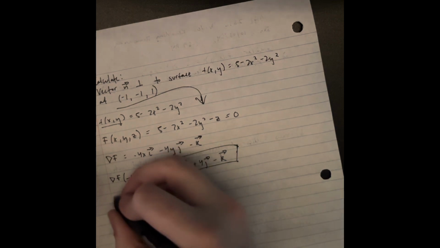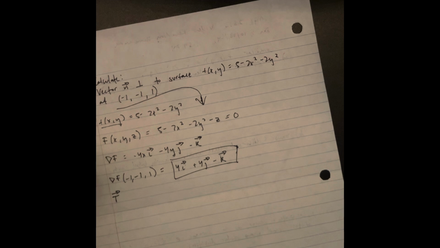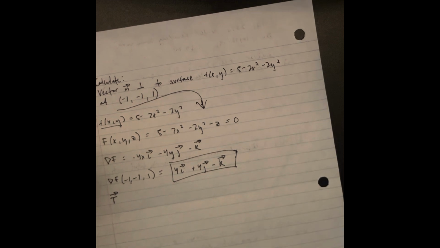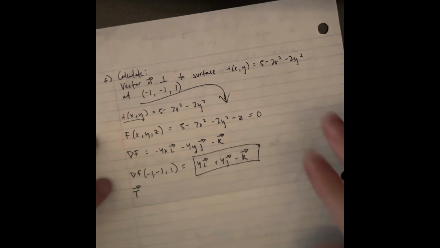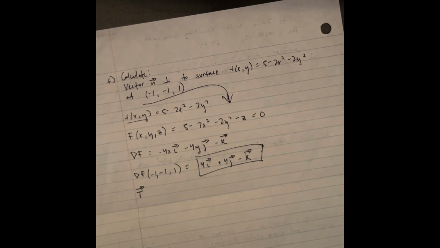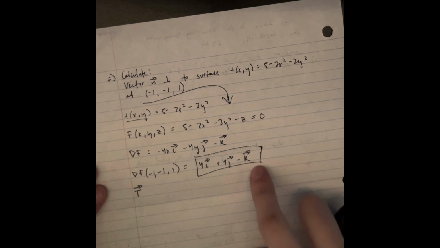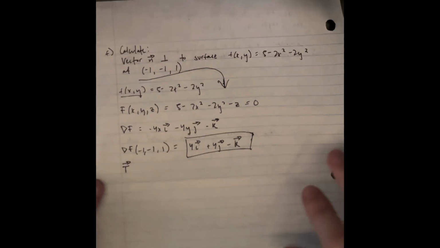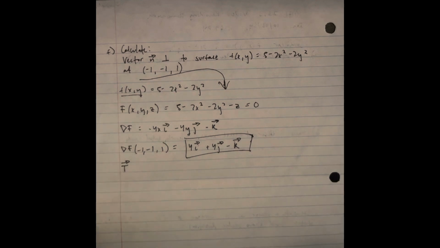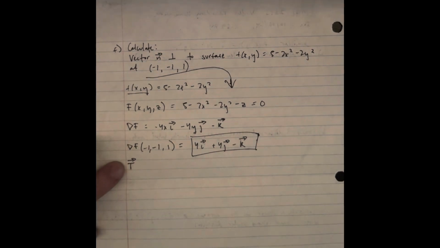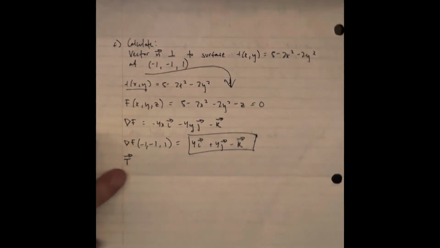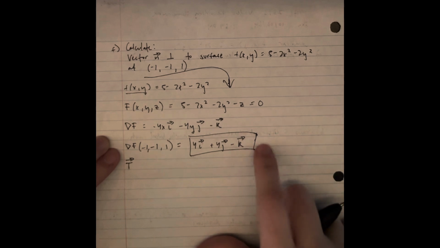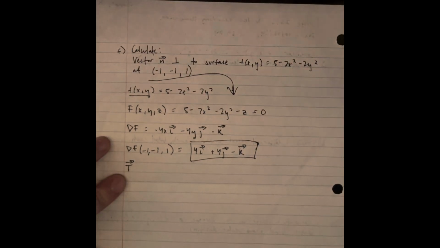And so there is that one that we have, and now we are asked to find a vector t, which is actually now going to be tangent to the curve. So it's that vector that we were talking about earlier. But basically, we already have our vector that is perpendicular. So for our vector that is tangent, it is going to be parallel to that point. So we can use the dot product to find t, because we know that its dot product with our normal vector is going to equal 0, since they are perpendicular.